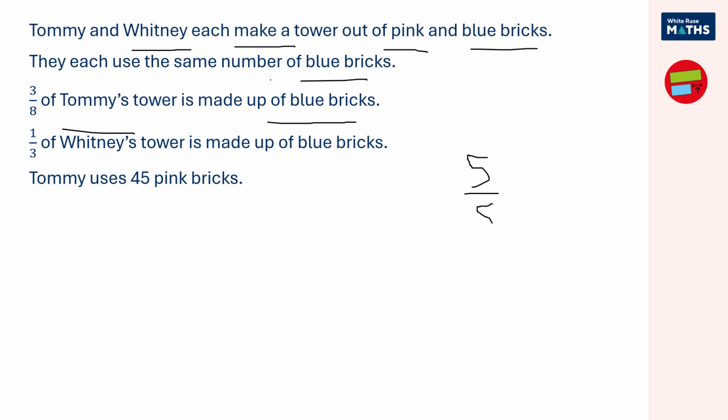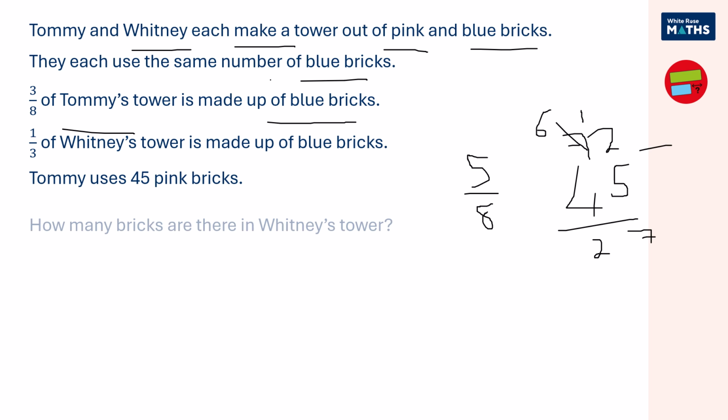Let's work it out. 45 divided by 5 is going to be 9. 9 times 8 is going to be 72. So then I can do 72 subtract 45. 2 minus 5 I can't do, so you can borrow. That becomes a 6. That's going to become a 12. 12 minus 5 makes 7, and then 6 minus 4 is going to be 2. So he uses 27 blue bricks.